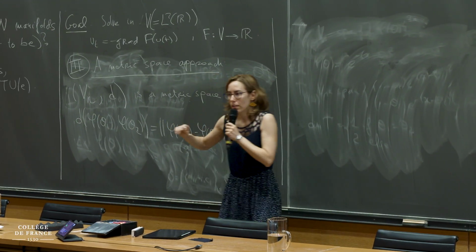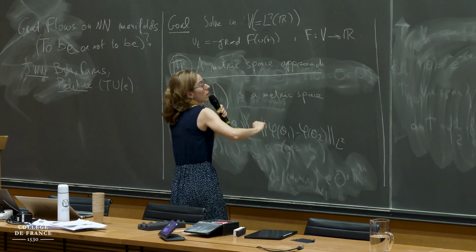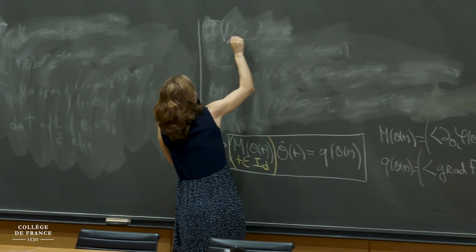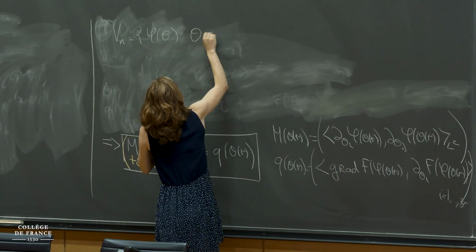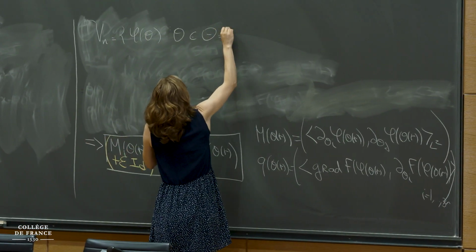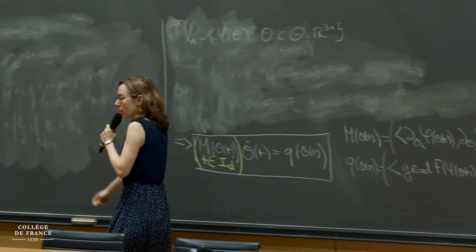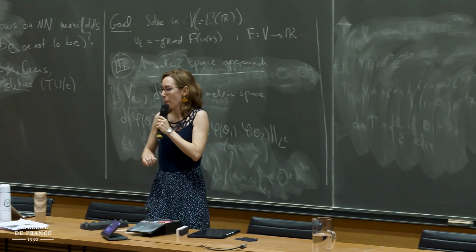And Vn is, no, sorry, Vn was the set of neural networks. So Vn is embedded into L2, but it's not a metric space.